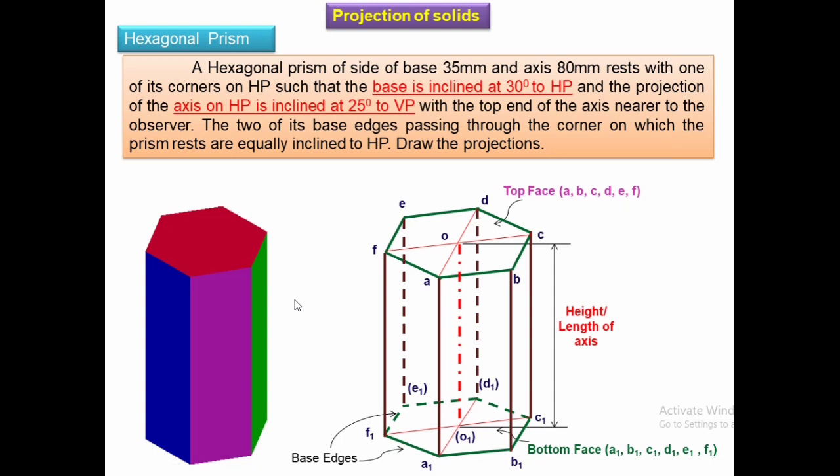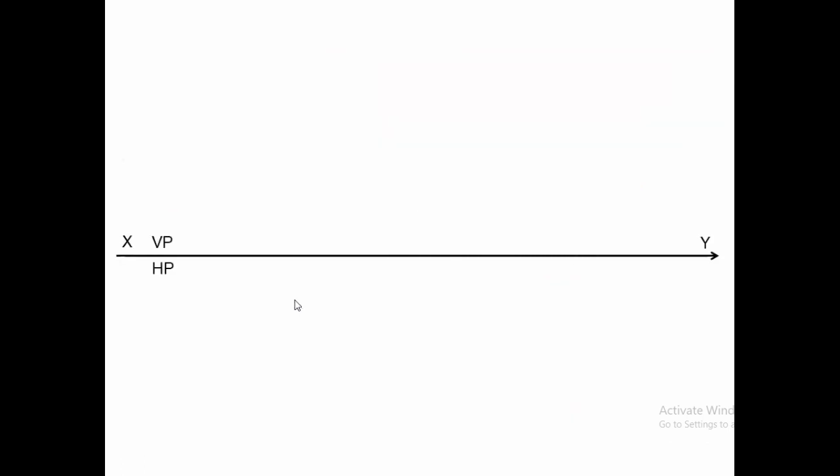Well, let us start as usual by drawing a line, XY line, horizontal line with VP above and HP below. Since it is resting with one of its corners, we have to keep the corner to the right hand side. So draw a width of 35 mm, AB like this.